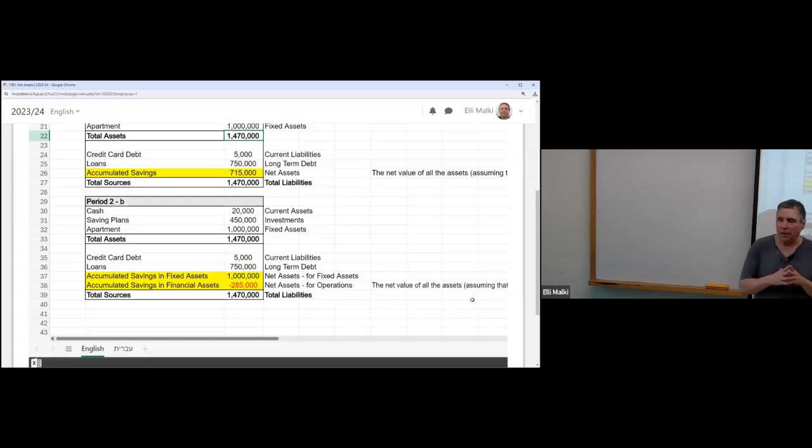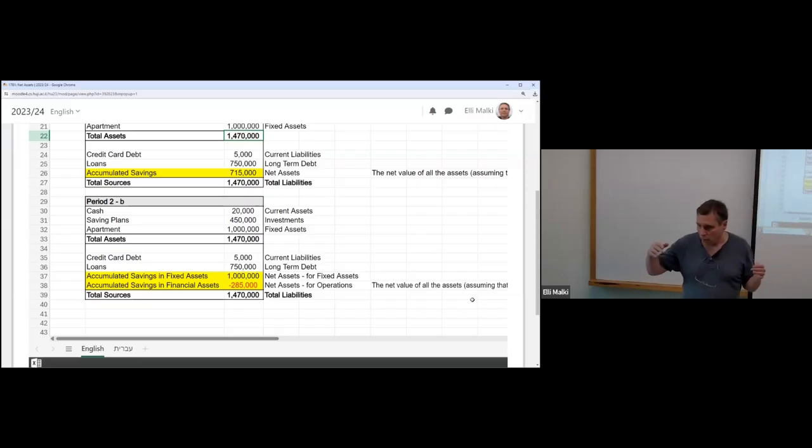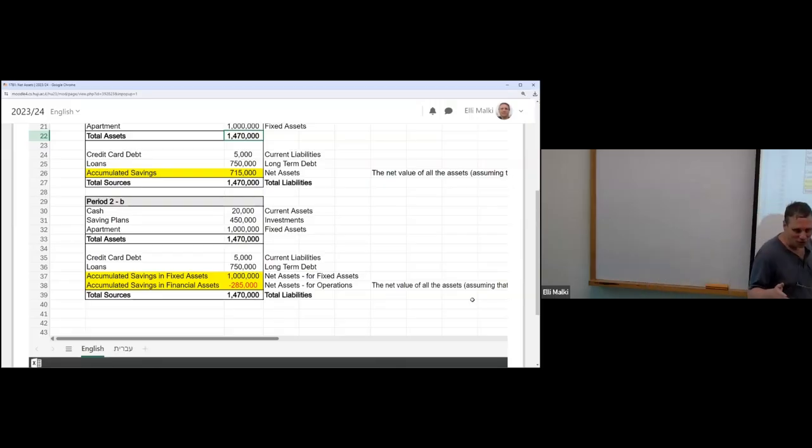However, in my normal life, and if you think about an organization that wants to operate, it does not plan to sell its fixed assets. Think of an NGO: you have computers, you have chairs, you have cars, you have air conditioners. You want to continue your operation, you don't plan to sell them.